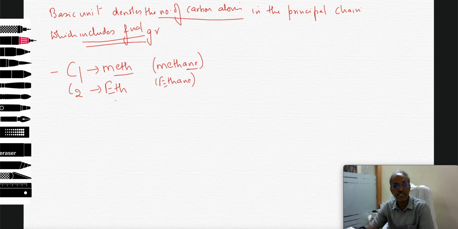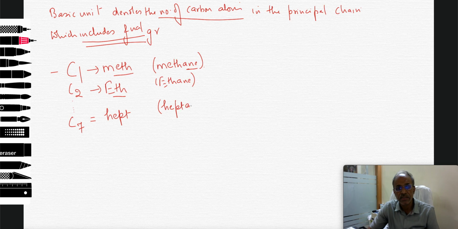Eth represents the root name, parent name. You can say root word or root name word. Now suppose there is C7, then it will be known as hept, H-E-P-T, because this forms heptane. Similarly, if it is C10, then it will be dec or decane.